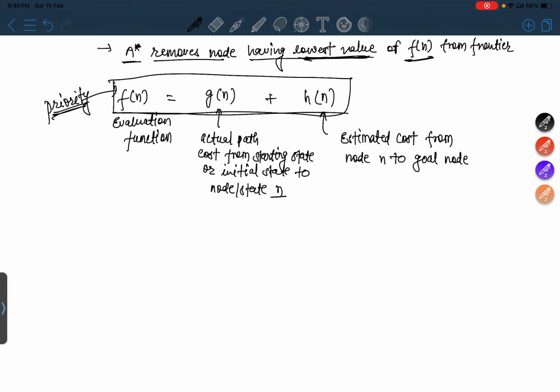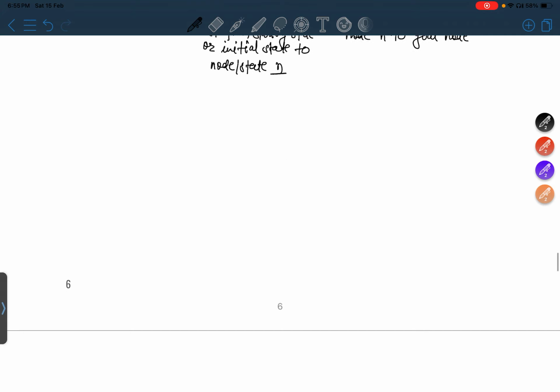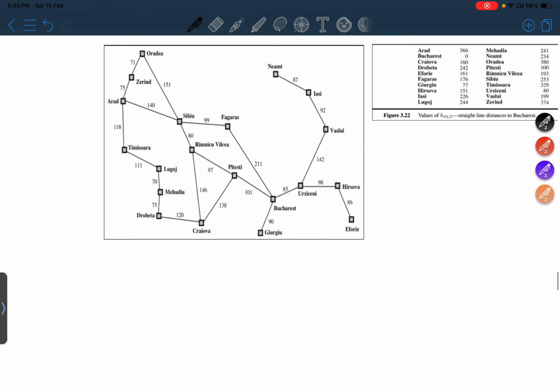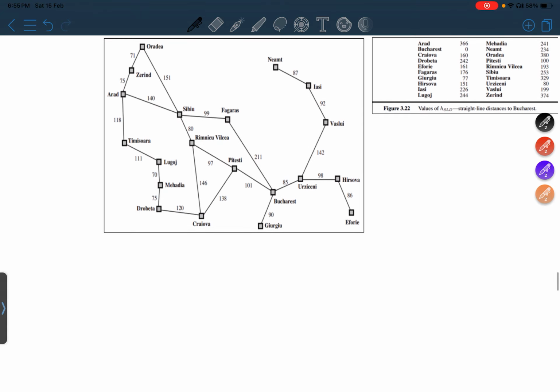Okay, let's see A star in action on an example, and we'll discuss all the details there. So let's continue with our example of Romania. What's the starting state? This is the initial state or start state, and this is the goal state.